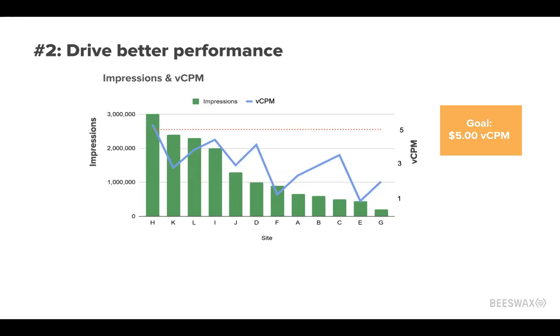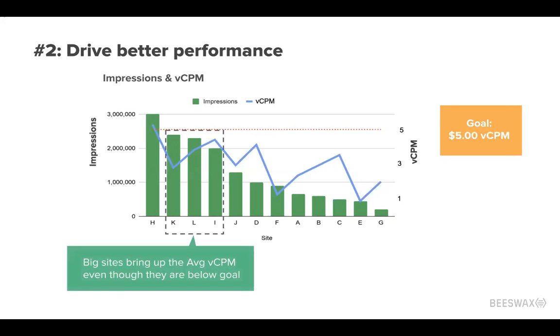Let's just take an example. Sites K, L, and I: you're spending a lot of your budget, lots of impressions are going to those sites. They are below the $5 VCPM goal, but they are bringing down your overall average VCPM. Spending a lot on them, they're barely under the $5 CPM.